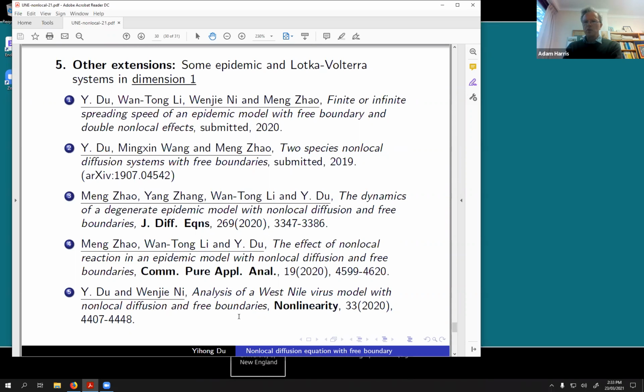So, Yihong, you mentioned early on that the idea of using a parabolic equation like KPP to model this sort of growth or spreading problem was quite original in 1937. You mentioned that Kolmogorov was, yes. Yeah. So how broadly are parabolic equations used in this regard?